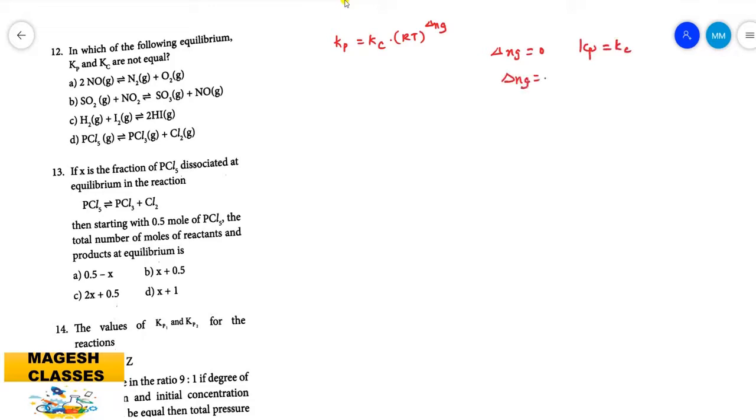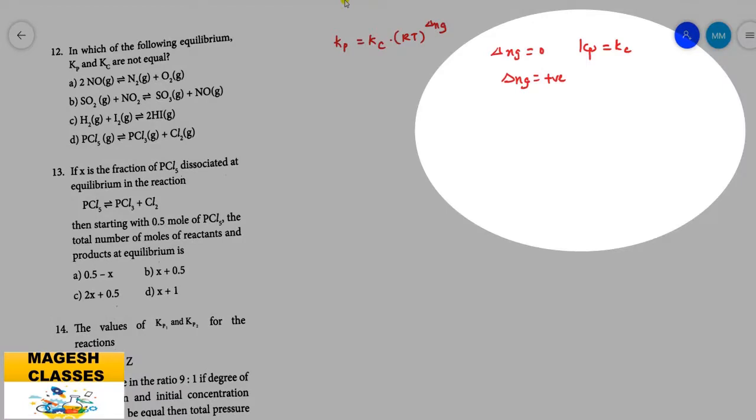If del Ng is positive, Kp is equal to Kc into RT, so Kp is greater than Kc. And if del Ng is negative, Kc is greater than Kp.